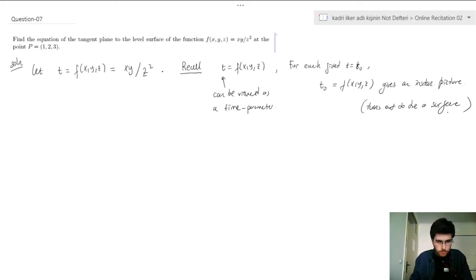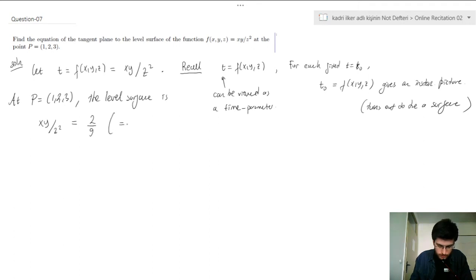So the picture is, in our case, at P equals (1, 2, 3), the level surface is given by xy divided by z squared equals, just compute the value of f at that point.